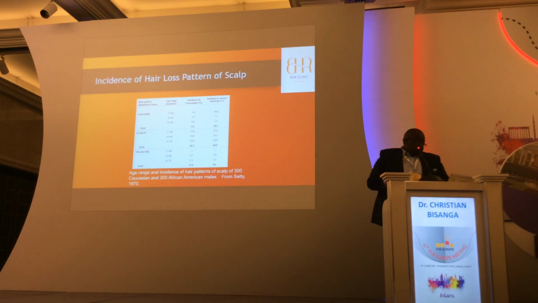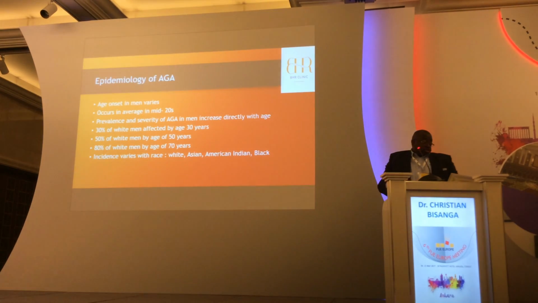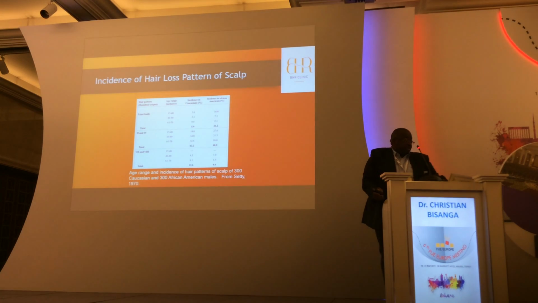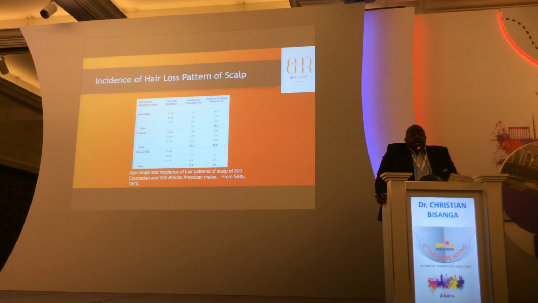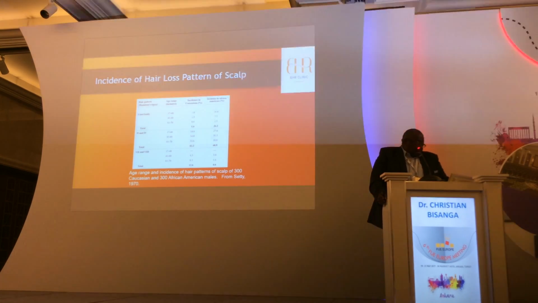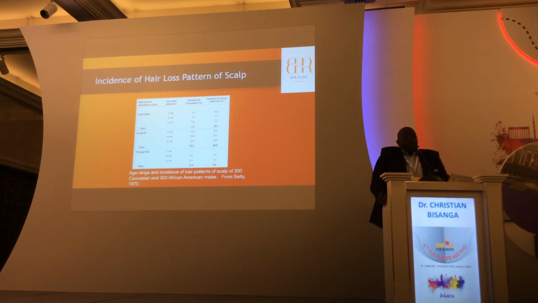Thank you. So, as I say, you can see on a slide, sorry, it threw me off a little bit, the evolution of male pattern baldness according to the Hamilton classification.